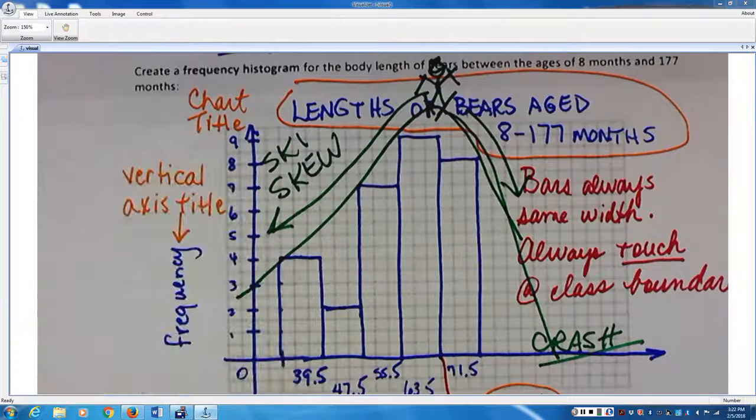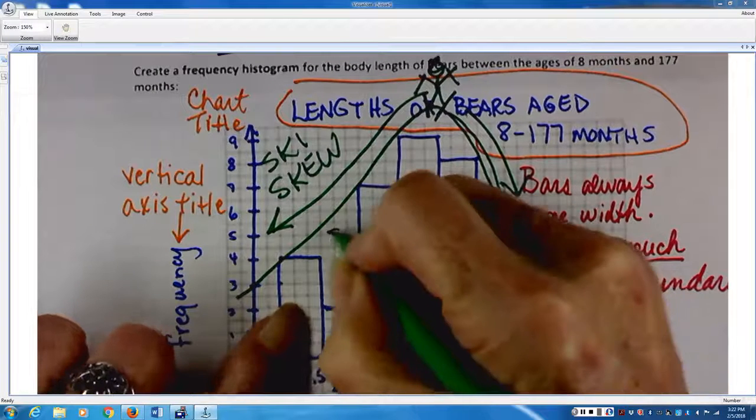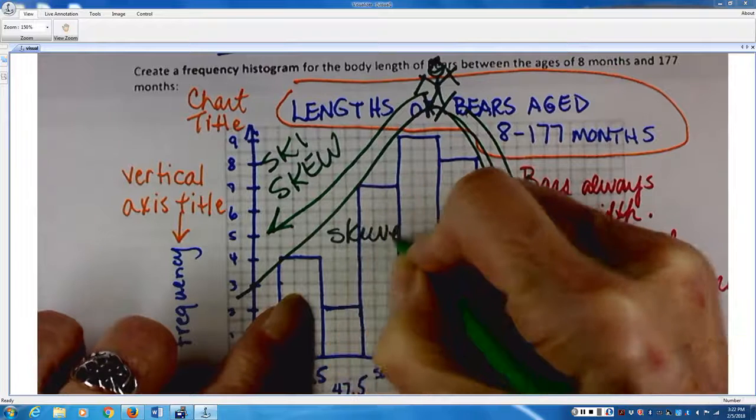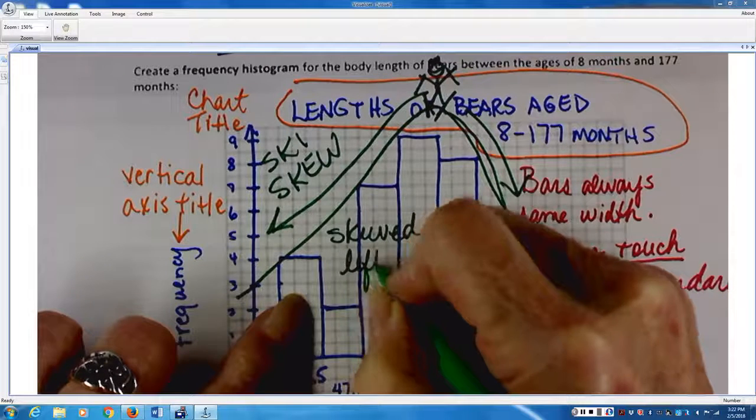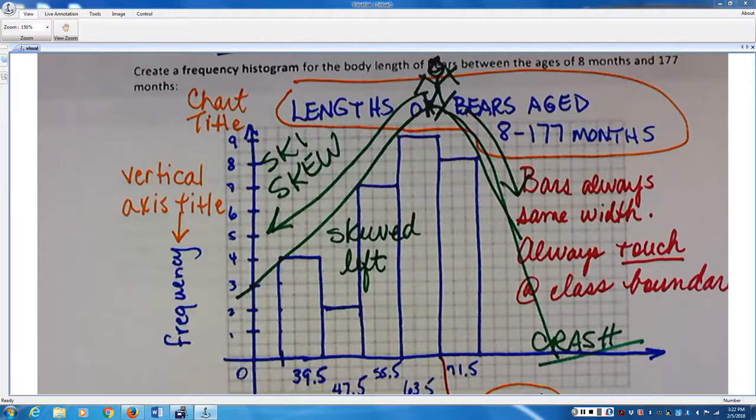So the words ski and skew tell you which side that you're going to go down the slope. That slope is skewed left. It's skewed toward the lower numbers. Okay? Because you'd want to ski down the left side, not the right side.